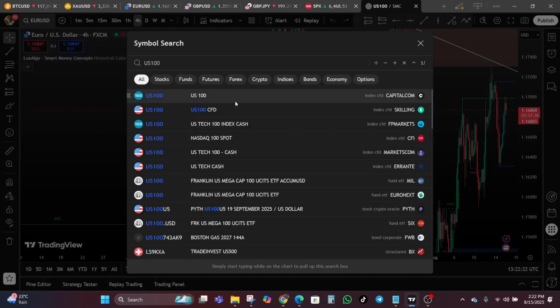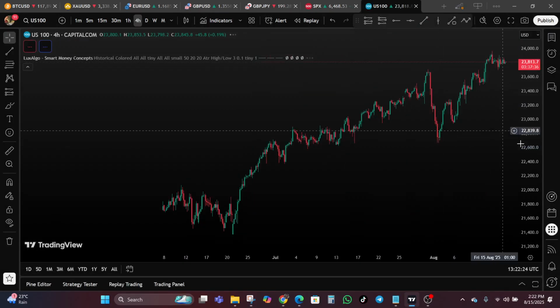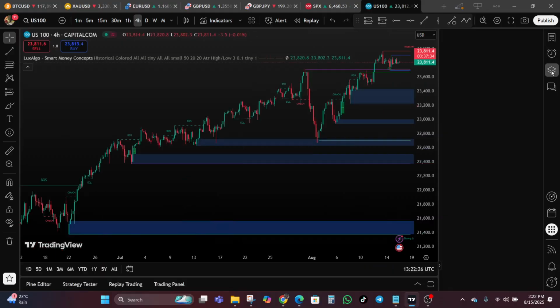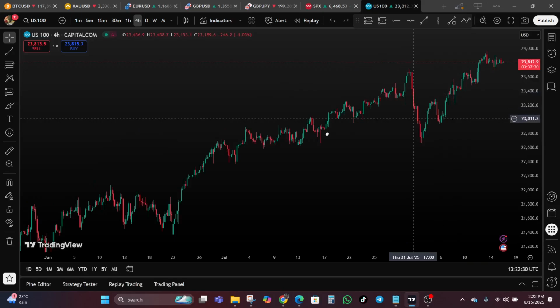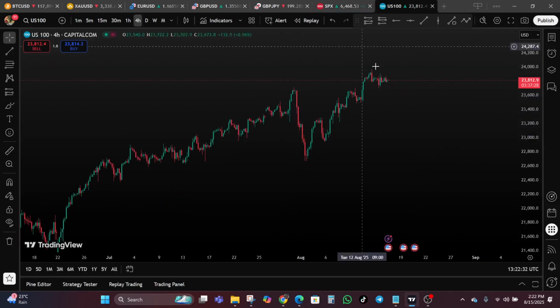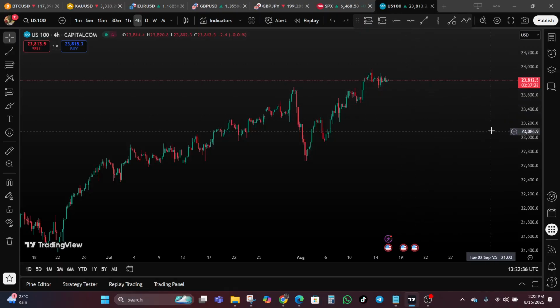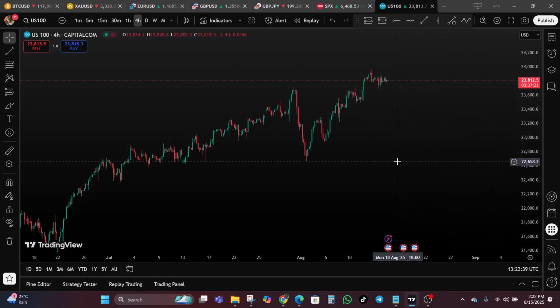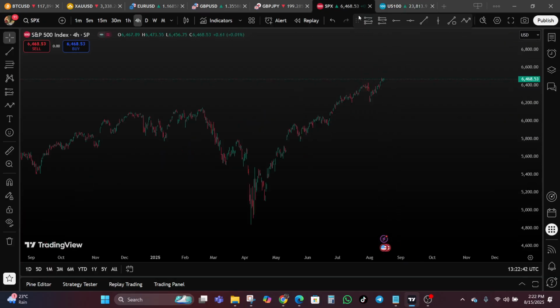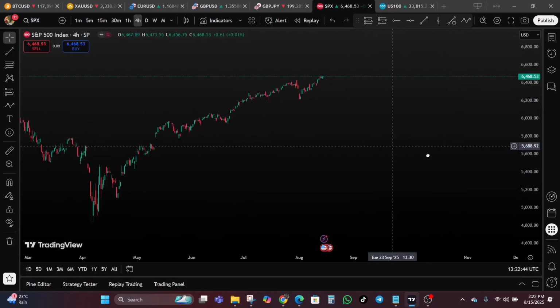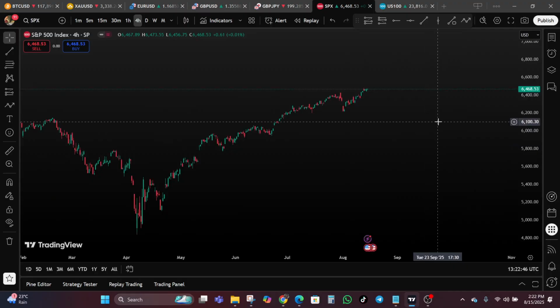You can decide to use indices also, but both of them have to be correlated. An example is the S&P 500 and the Nasdaq. You just have to watch their highs and lows during the same period.